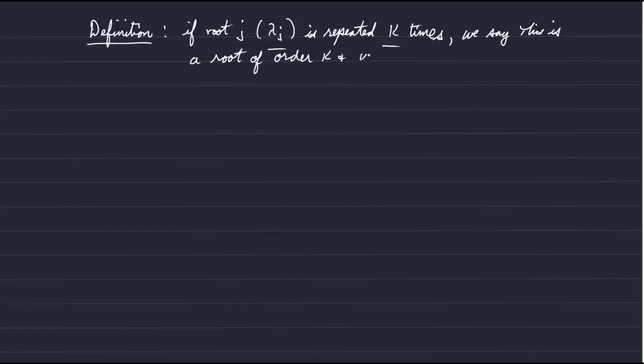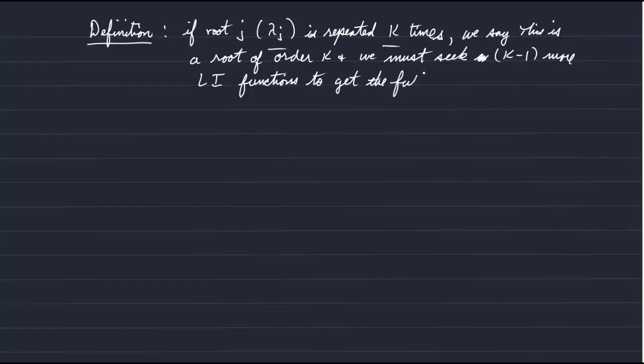And we must therefore seek k minus 1 more linearly independent functions to get the full general solution.